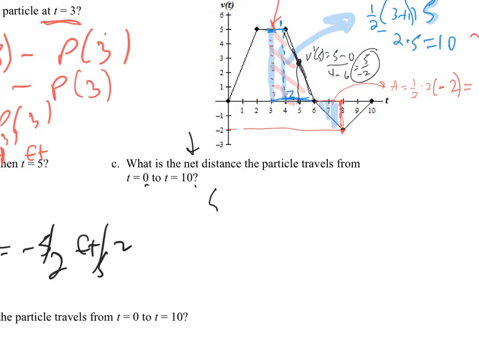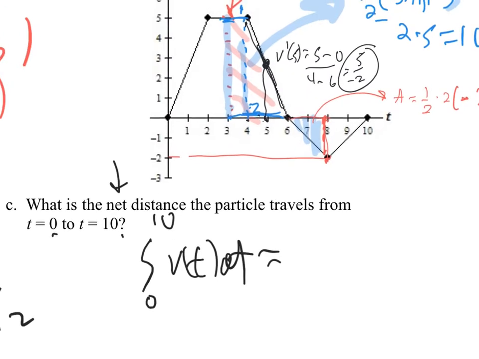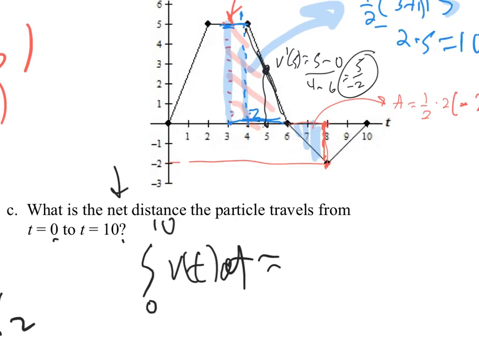So I'm going to integrate from 0 to 10 of v of t dt. So 0 to 10. Oh, that's the whole picture. That's going to be all of this positive area minus all of this negative area.